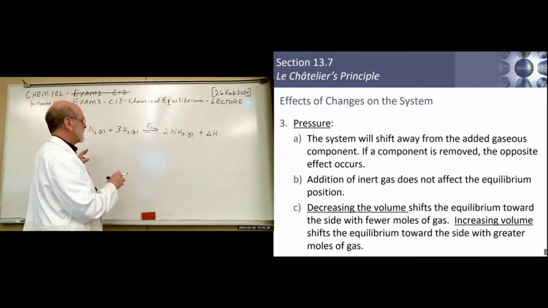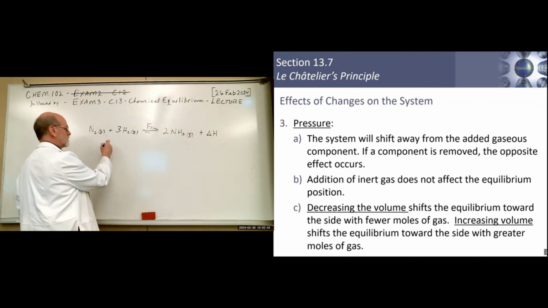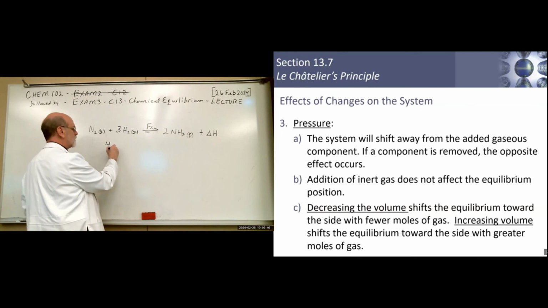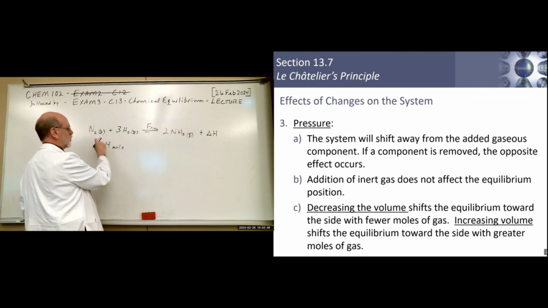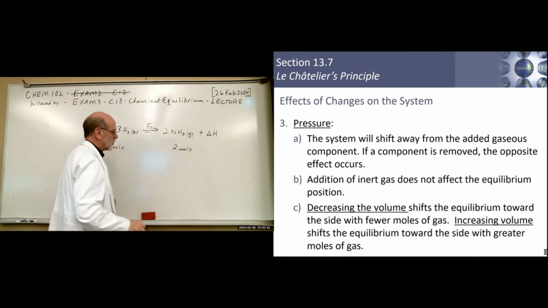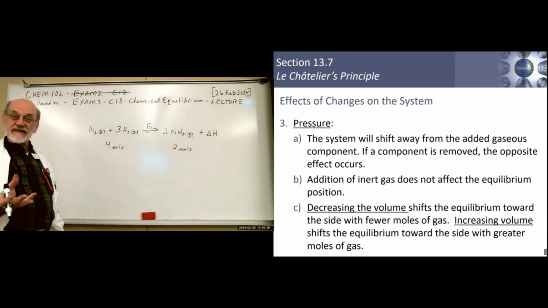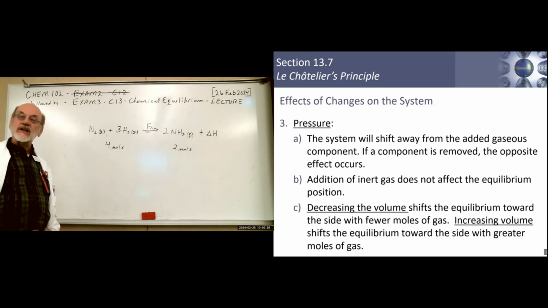What happens is the system is looking at the number of molecules. On this side, we have 4 moles total, right? 3 plus 1. On this side, we have 2 moles. So if we increase the pressure, the system is going to respond to relieve that stress by decreasing the number of molecules. Right?